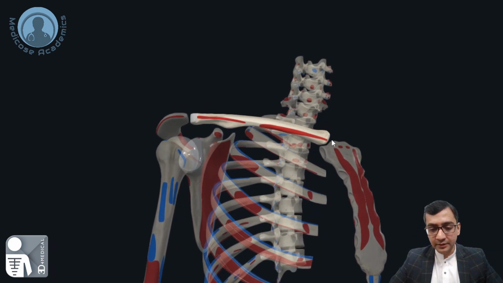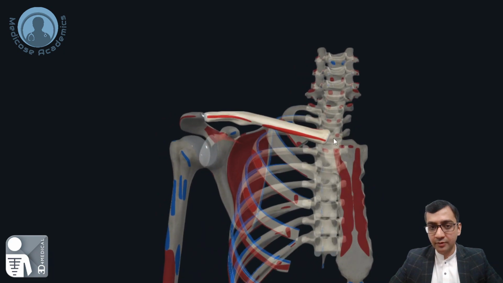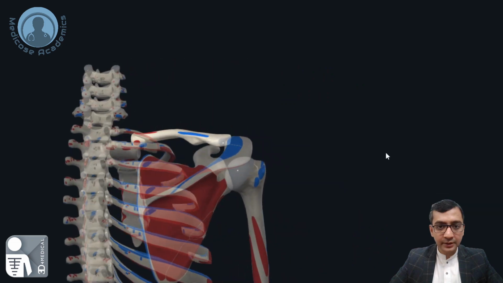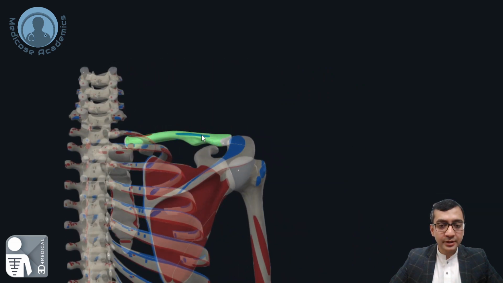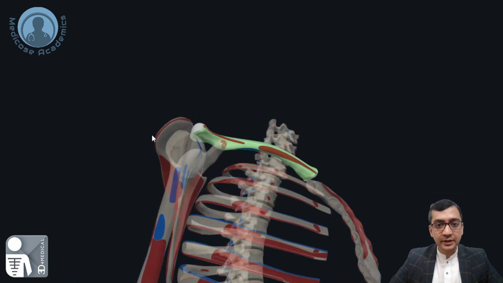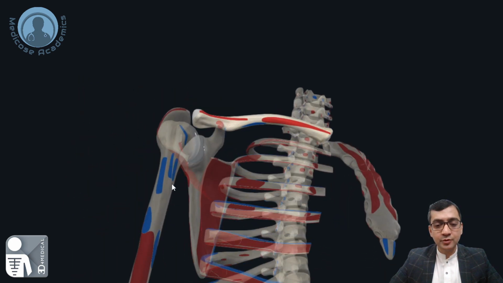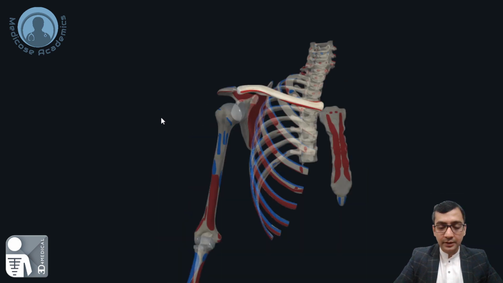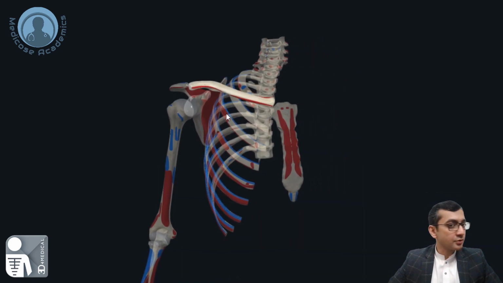Around the medial end, the capsule for sternoclavicular joint. Laterally, anteriorly deltoid, posteriorly trapezius muscle. Lateral one third, inferiorly conoid tubercle and trapezoid ridge for those two ligaments, and then the margins of this articular surface for the acromioclavicular ligament. So this is all about the structure and attachments of the clavicle.